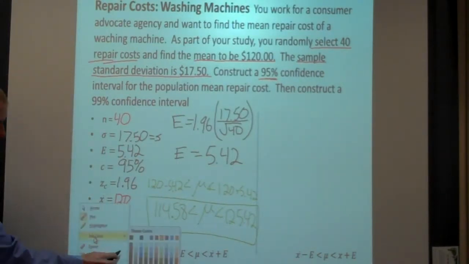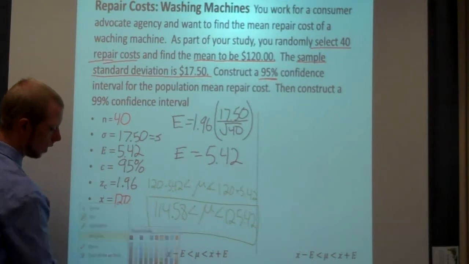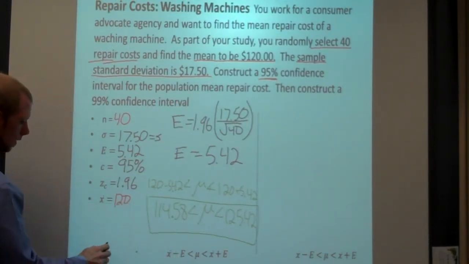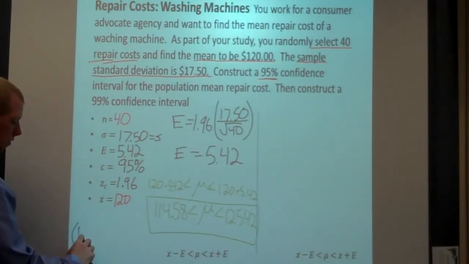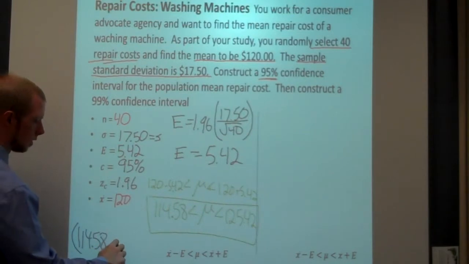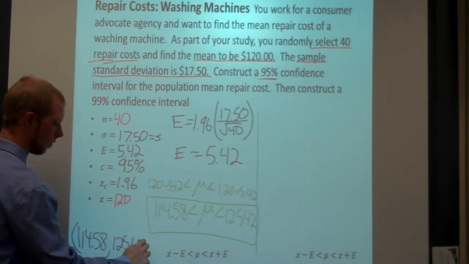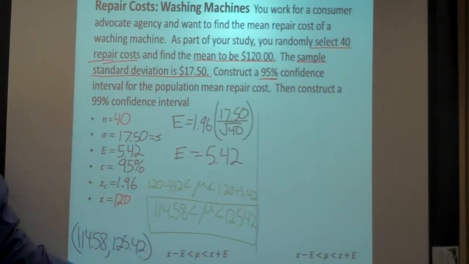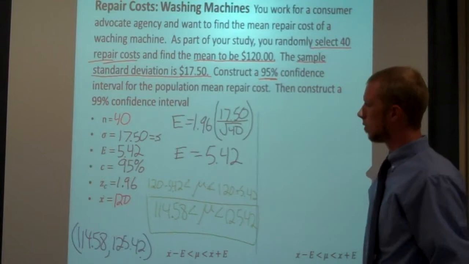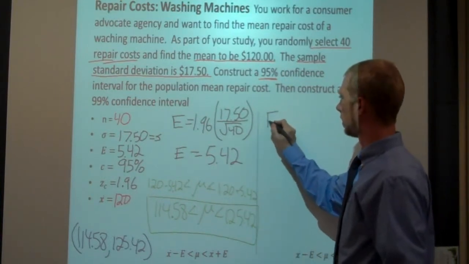One other note, guys, is that you could write the confidence interval like this: 114.58, comma, 125.42. These are two different methods of writing a confidence interval. The function here is very much the same, so I'm going to go pretty quickly through it.